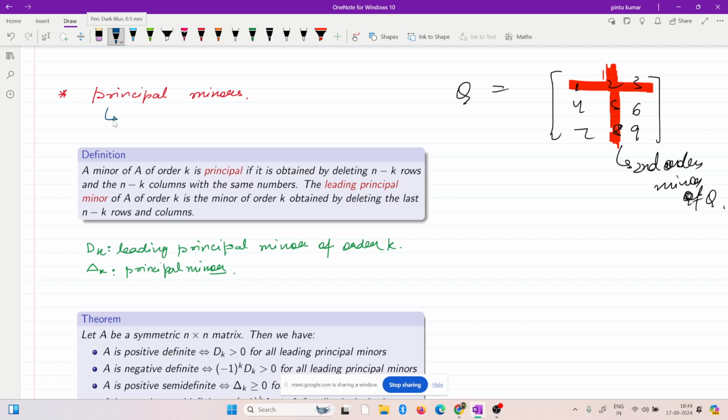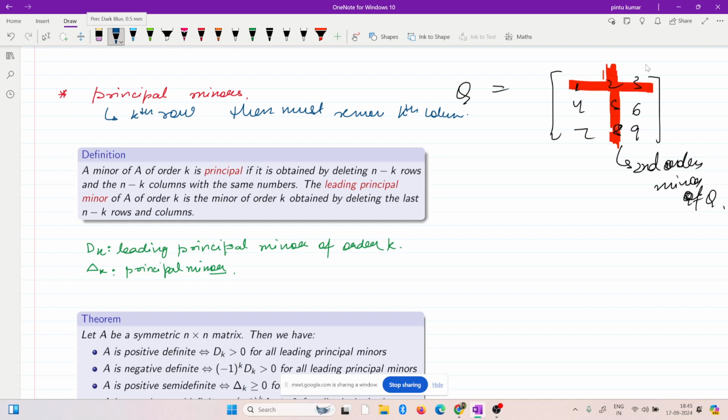Let's say if you remove the kth row, then you must remove the kth column. So you cannot, for example, in this case, remove the first row and the second column. That is not allowed over there.